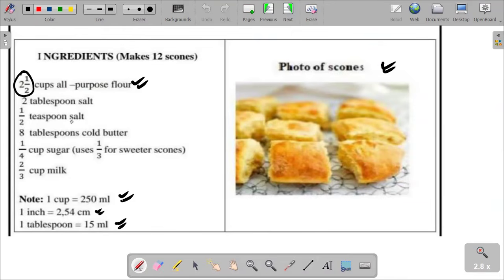Here, class, we are talking about teaspoons of salt. Half a teaspoon is equal to 12 scones.